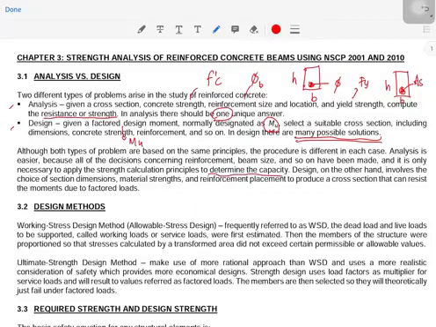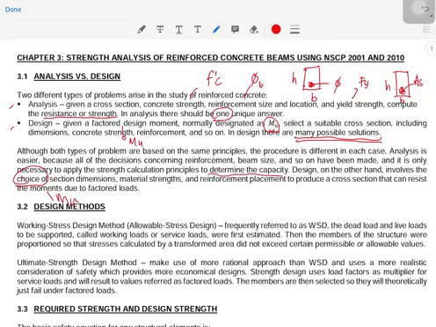Design, on the other hand, involves the choice of section dimensions, material strengths, and reinforcement placement to produce a cross section that can resist the moments, or the Mu, due to factored loads. So those are the differences between analysis and design.